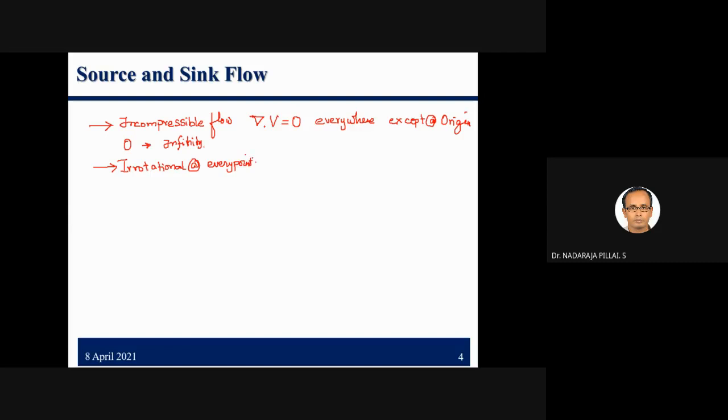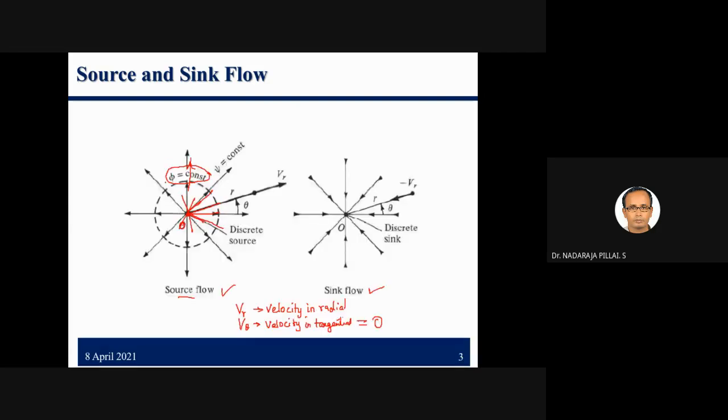So we already know that the source flow is moving away from the origin, and the sink flow is moving towards the origin. Here the velocity in the radial direction is Vr and here it is minus Vr.